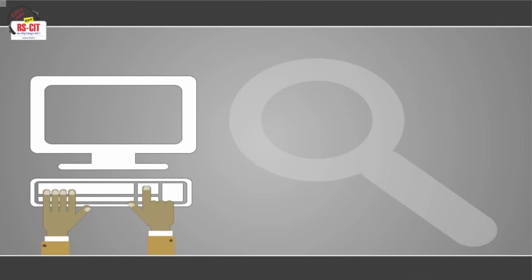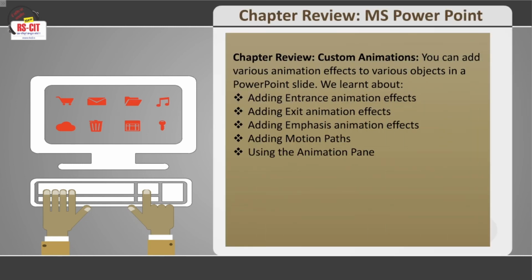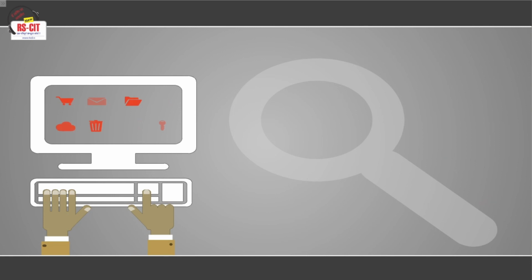Chapter Review. Custom animations. You can add various animation effects to various objects in a PowerPoint slide. We learnt about adding entrance animation effects, adding exit animation effects, adding emphasis animation effects, adding motion paths using the animation pane.